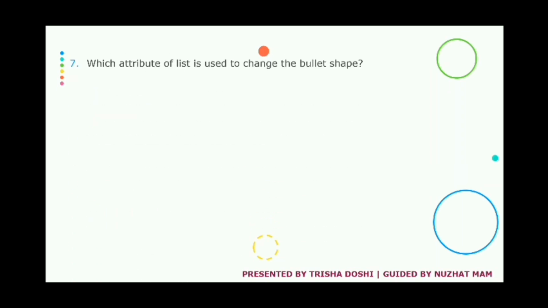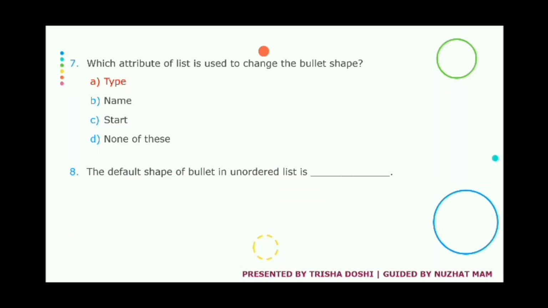Question 7. Which attribute of list is used to change the bullet shape? A. Type, B. Name, C. Start, D. None of this. The correct answer is A, type. Question 8. The default shape of bullet in unordered list is dash. A. Circle, B. Square, C. Rectangle, D. Disc or filled circle.